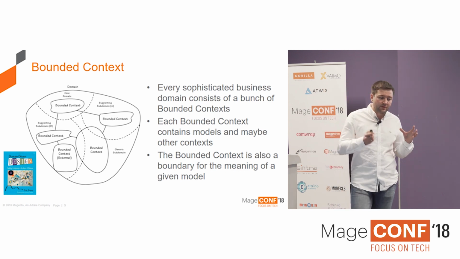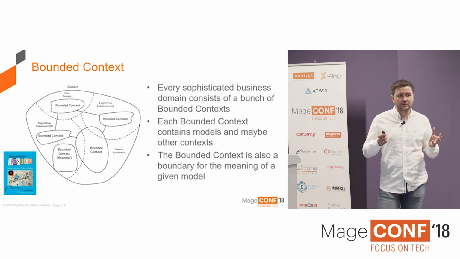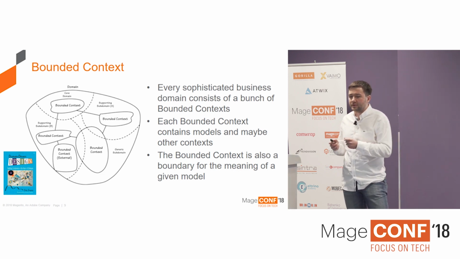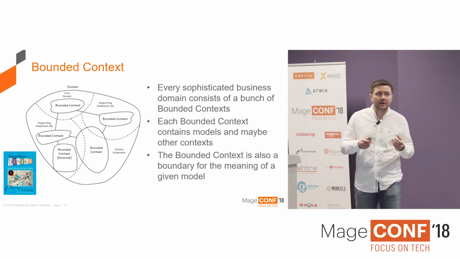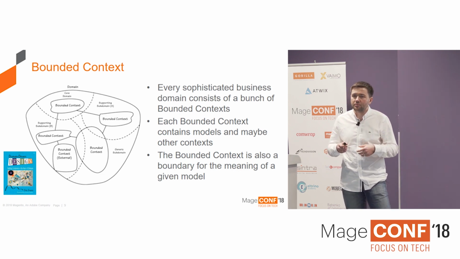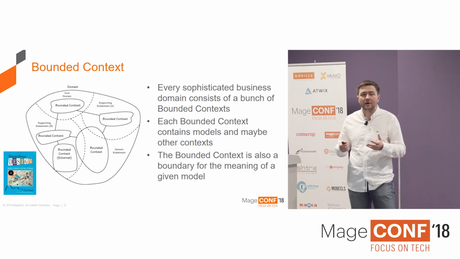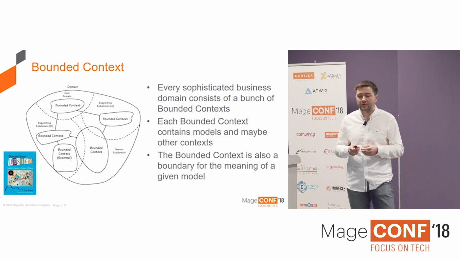The main idea of having the bounded context is to have a particular ubiquitous language inside this bounded context. Because in different bounded contexts, the same thing could be called differently, or even having the same name, it can represent a different state, or have a different number of attributes, or provide different behavior.